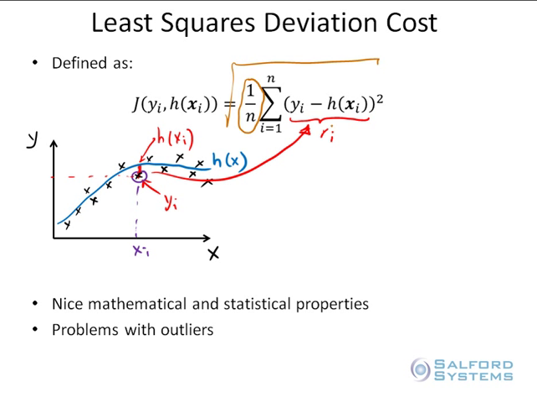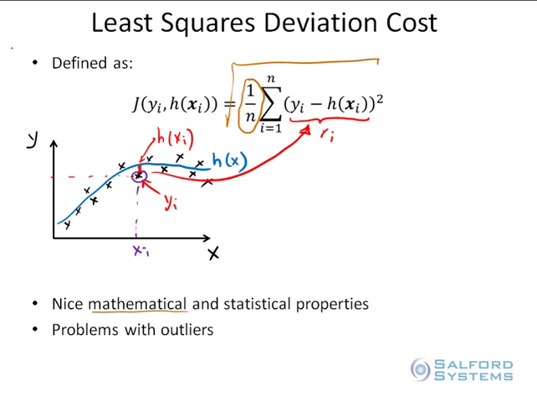And again, to remind you, the purpose of a data mining or machine learning algorithm is to minimize cost. So we are looking at the measure of the goodness of fit here. Now, what can be said about least squares deviation cost? Well, it has nice mathematical properties, and that's probably why it's historically one of the earliest available cost functions.